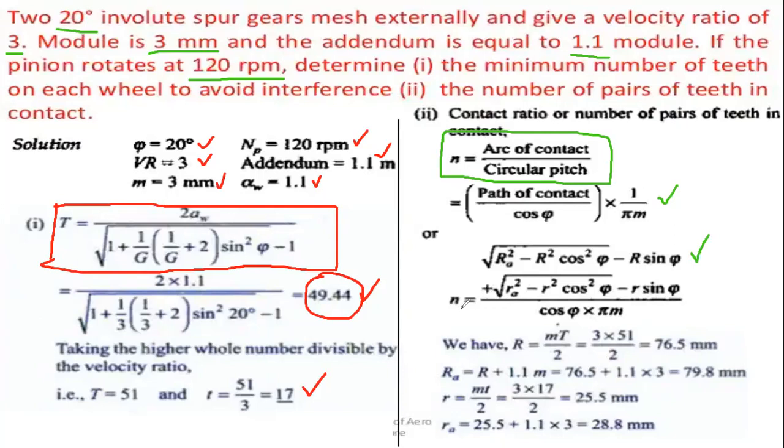Then, by substituting the values into the formula, we take the R value as capital R equal to module into T by 2, that is teeth by 2. We already have the module as 3 from the given question, and the number of teeth we have obtained as 51.